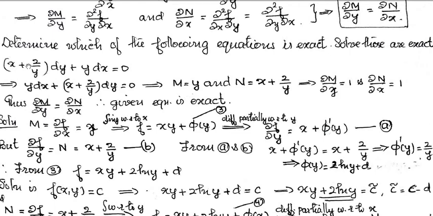So the first one is (x + 2/y) dy + y dx = 0. First we write it in the standard form: y dx + (x + 2/y) dy = 0, which implies M is equal to the coefficient of dx, that is y, and N is equal to x + 2/y, which implies the partial derivative of M with respect to y is equal to 1, and similarly ∂N/∂x equal to 1.